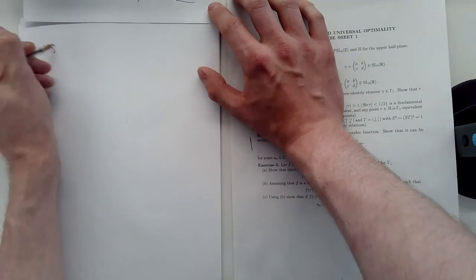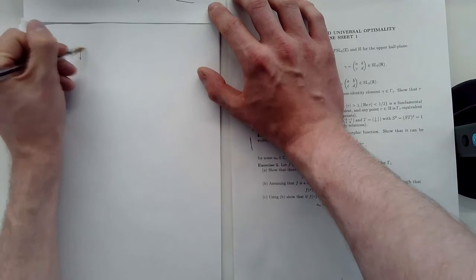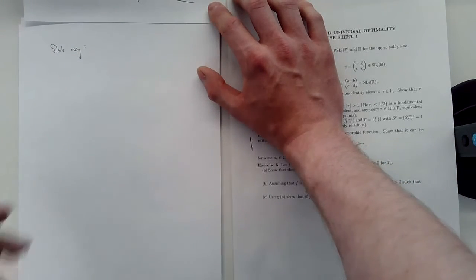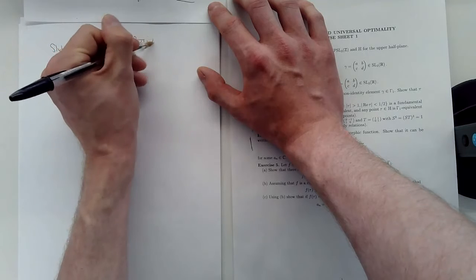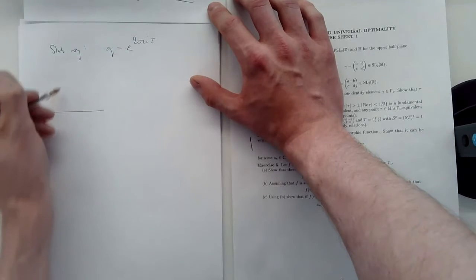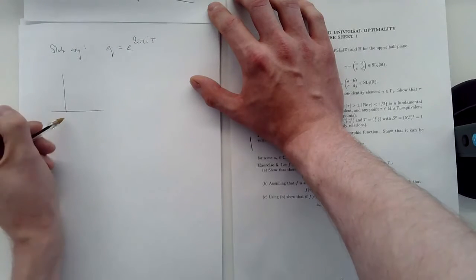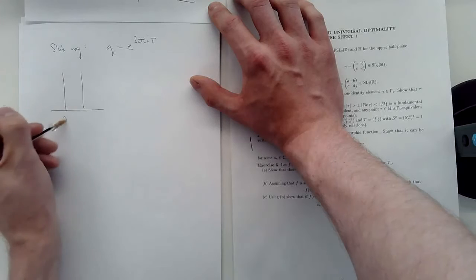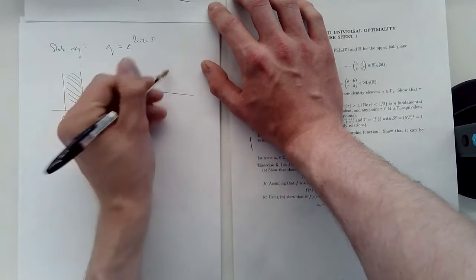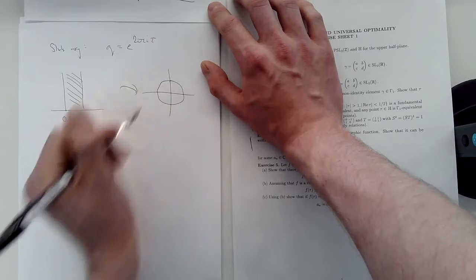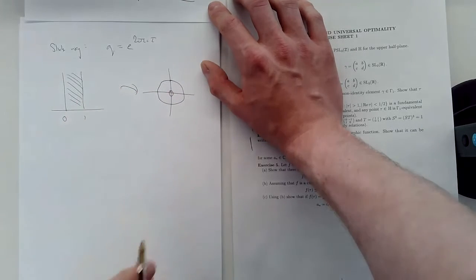Perhaps the slick way is to consider writing that q is e to the 2 pi i tau. So this will map a strip of size 1 like this into the punctured unit disk.